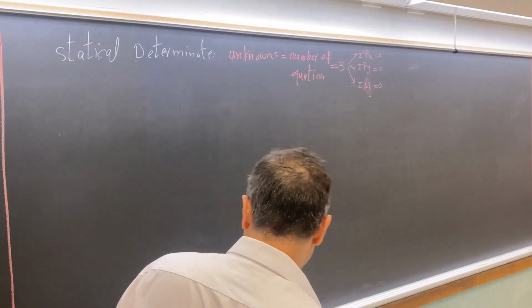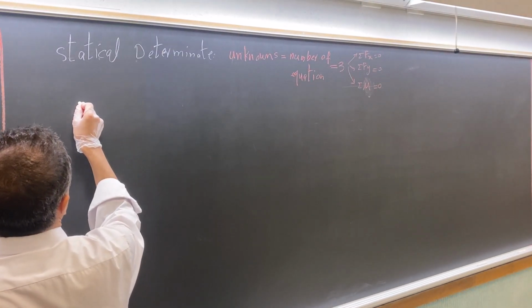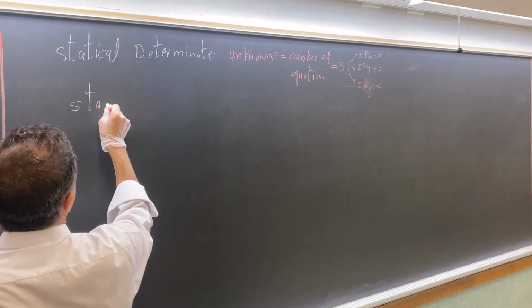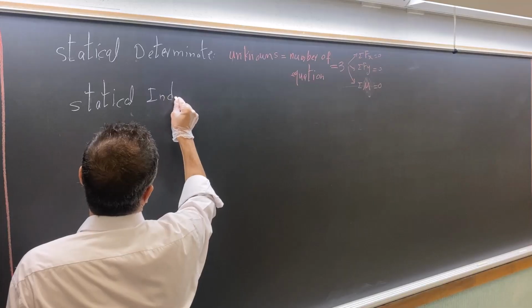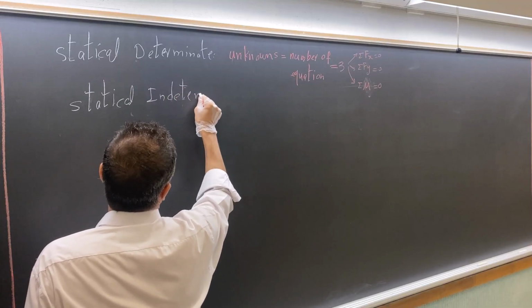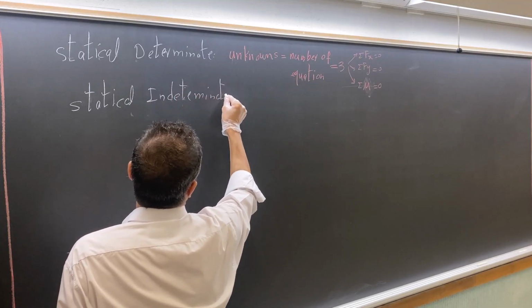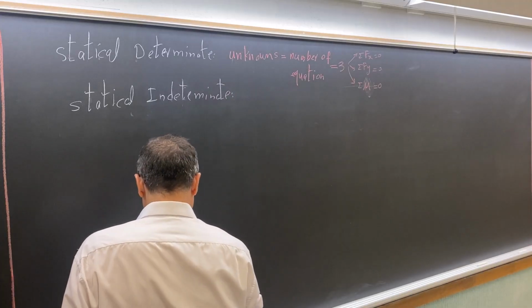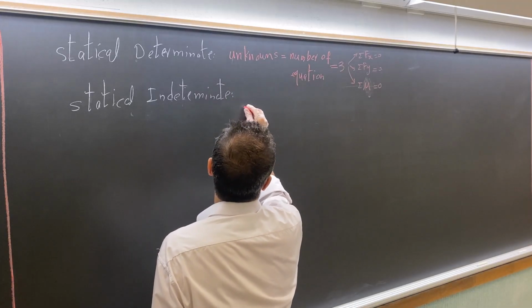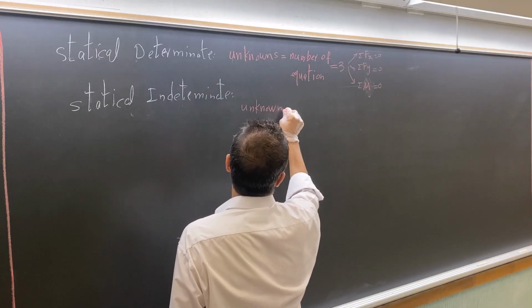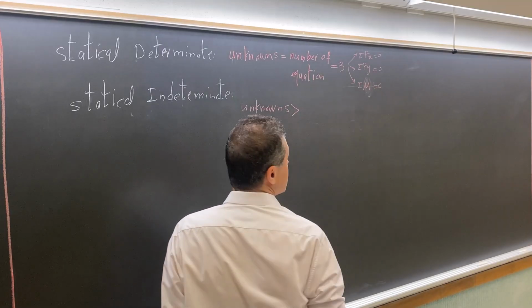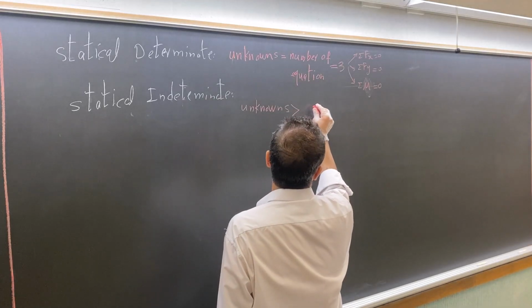We will solve a lot of problems for this. So now we go for statical indeterminate structures. So in this case, the number of unknowns is more than the number of equations.